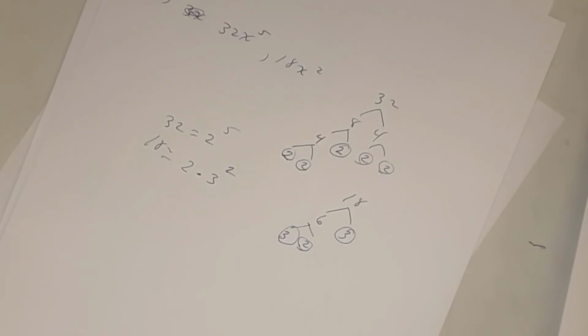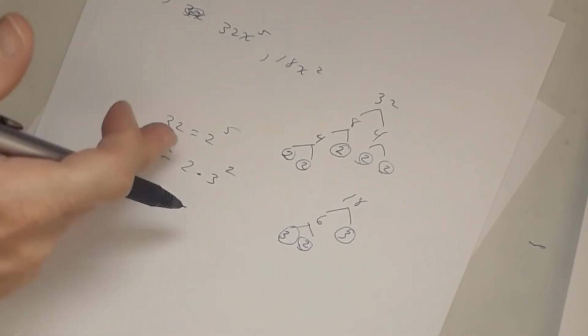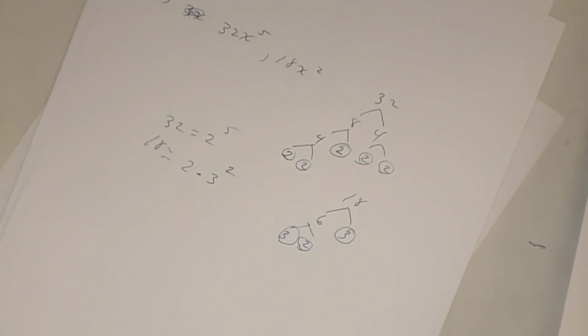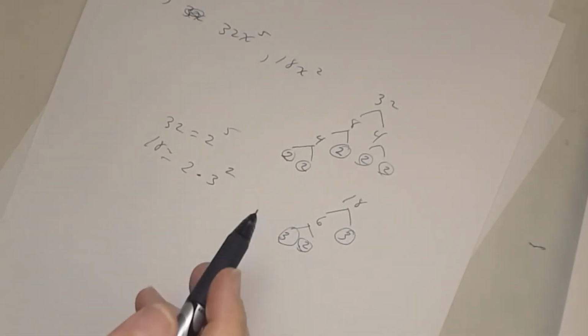For the GCF, remember they have to share something in common. Am I going to have a factor of 3 in my GCF? No. I'm going to have a factor of 2 because they share 2. The question is how many? Why do you count the 2 under the 8? Because it doesn't have another leg; that's your prime number.